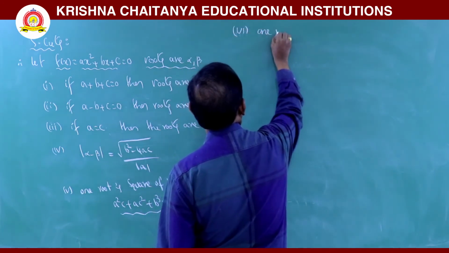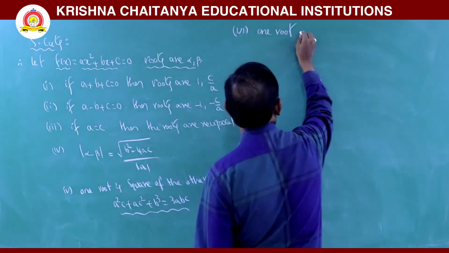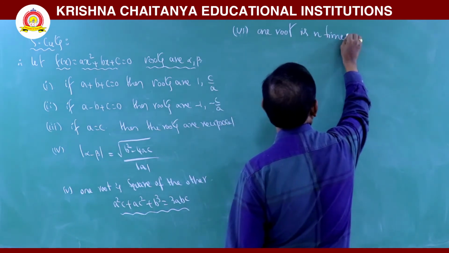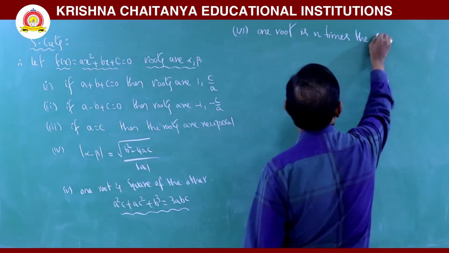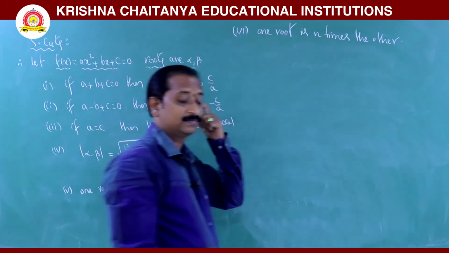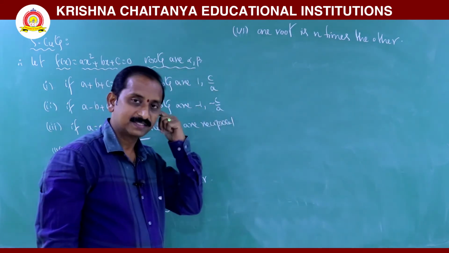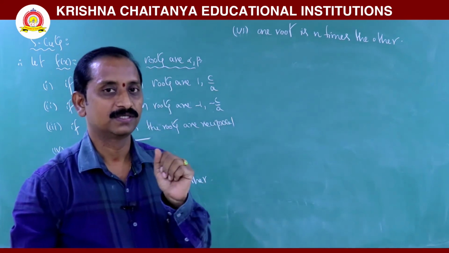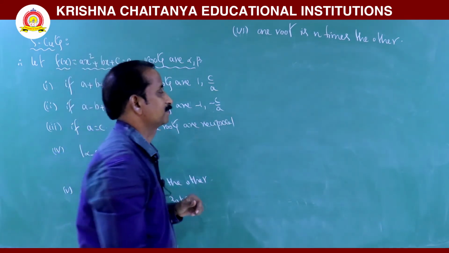One root is n times the other of f of x is equal to 0. Means, for example, one root is alpha, another root nothing but n alpha. So which condition is satisfied?